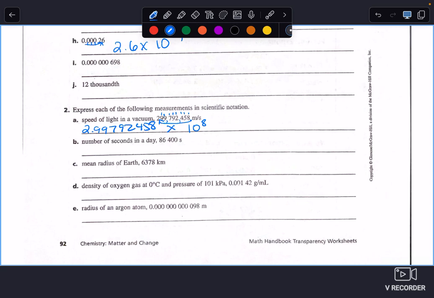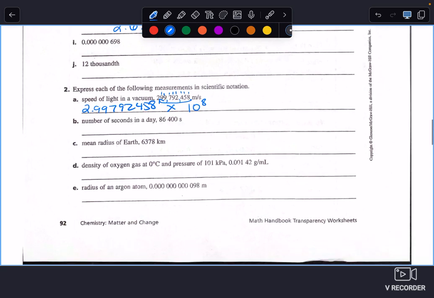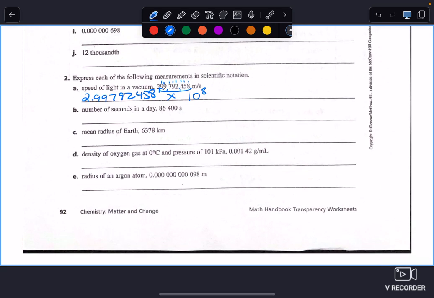And then letter E, radius of an argon atom, right here, we're going to move the decimal point so that it's after the 9. And so we're going to move it by 1, 2, 3, 4, 5, 6, 7, 8, 9, 10, 11 places. So it's going to be 9.8 times 10.